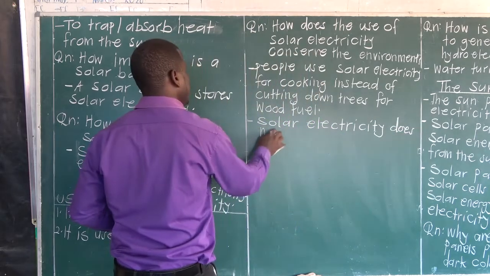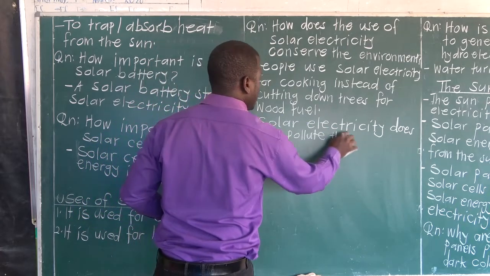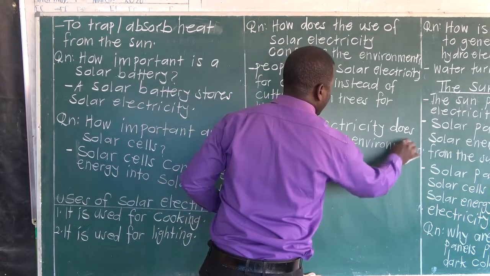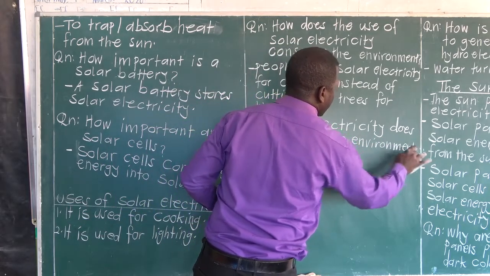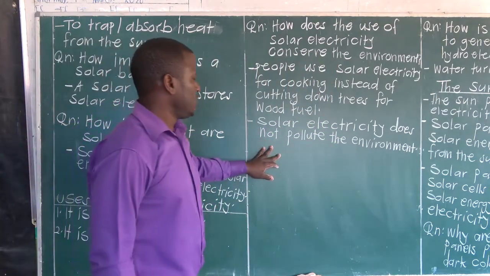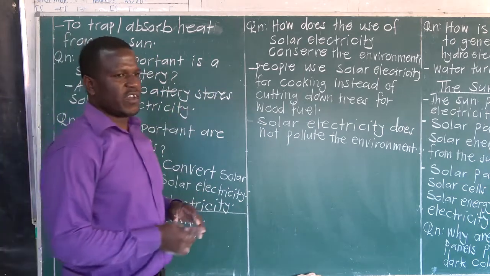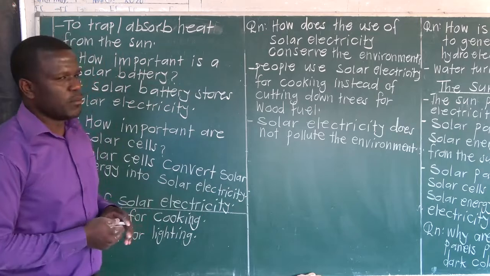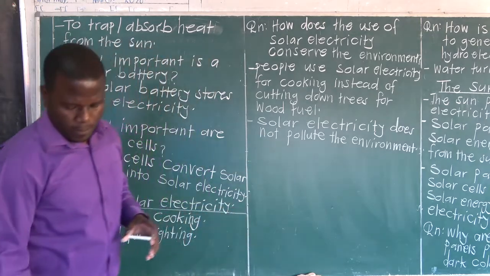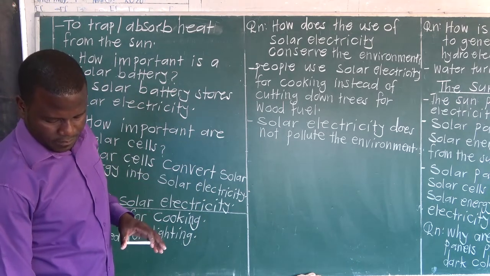Solar electricity does not pollute the environment. And the reason why it does not pollute the environment is because it does not produce smoke. But if you cook food using firewood, a lot of smoke and carbon monoxide is produced, which pollutes the environment. So people are always encouraged to use electricity for cooking, because it is clean.